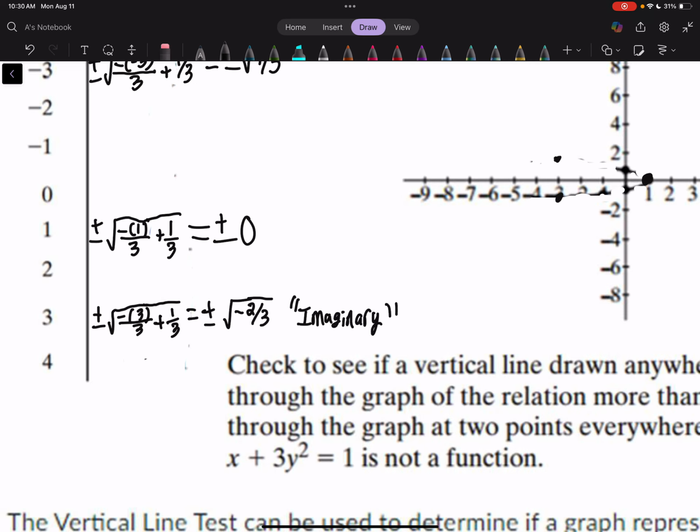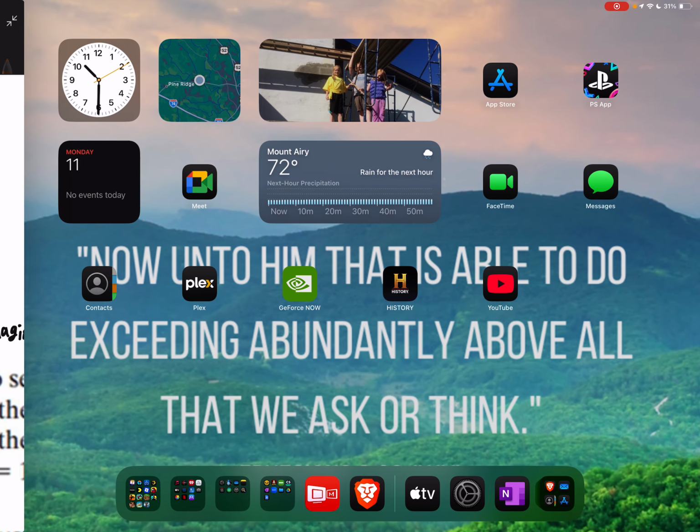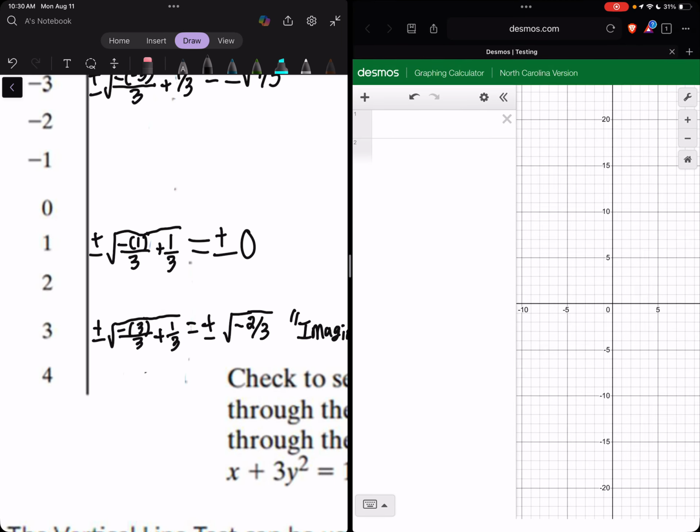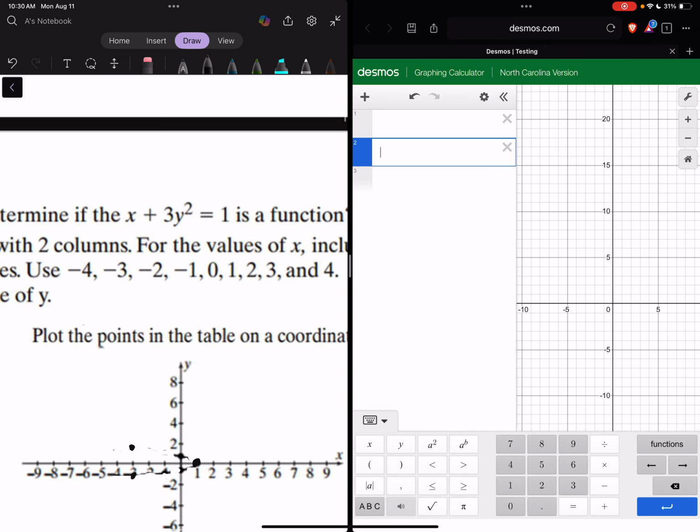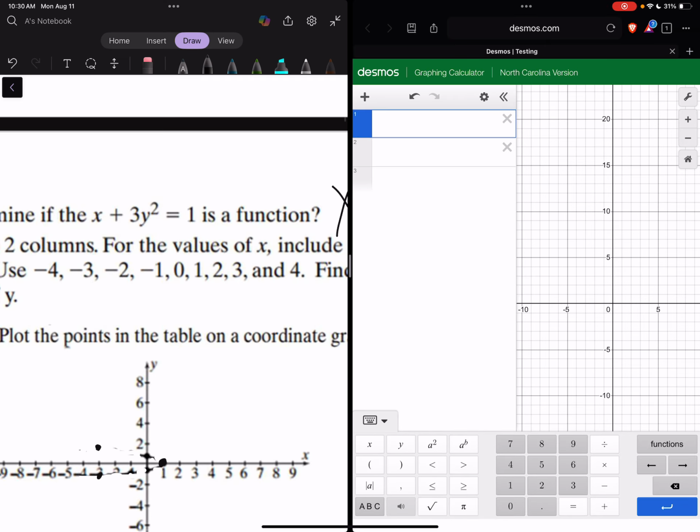All right, let me show you how to use Desmos to get the rest of the coordinates and the graph. So, go to the testing version of Desmos, the North Carolina version, that is also important. Because this is an ellipse, it will work on this function just to type it in the way it is written.